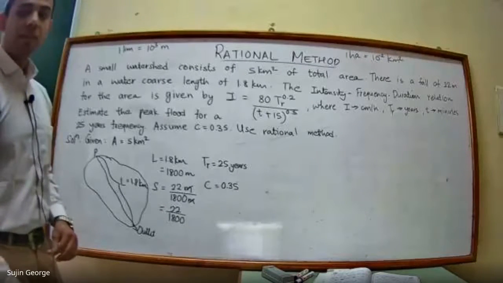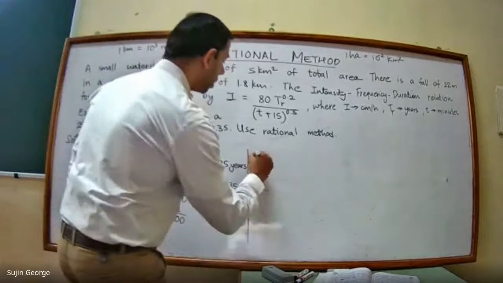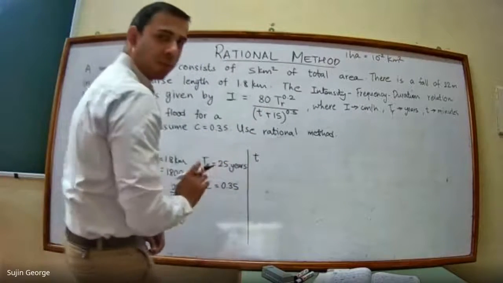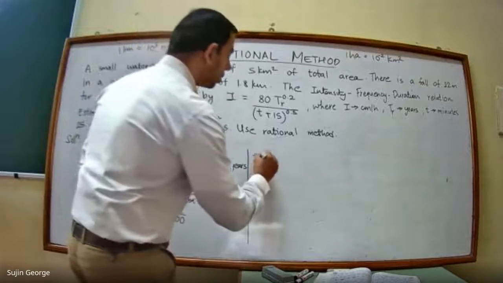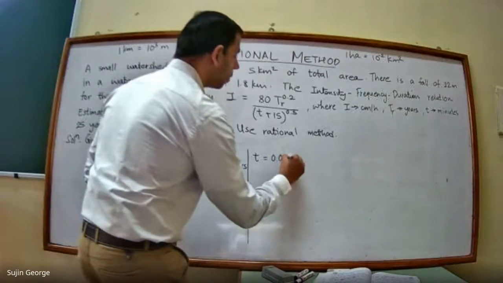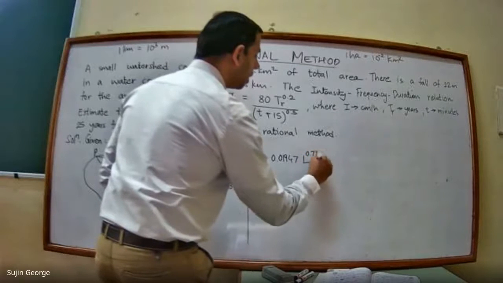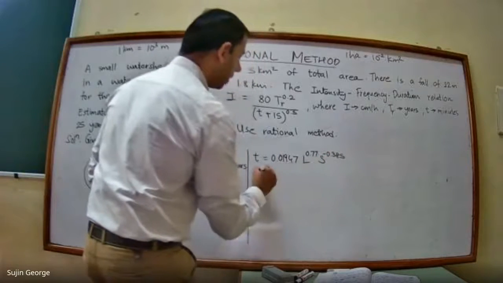So first we need to find out the time of concentration, this value t. Here it is given as small t, so we'll take it as small t only. In the previous problem we took it as Tc. So t is equal to 0.01947 L to the power 0.77 S to the power minus 0.385.